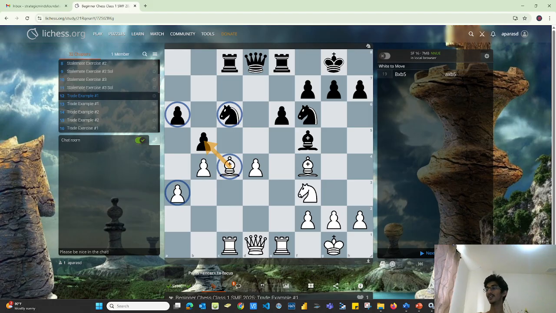And the way that I'm using it is that a trade is when you lose some pieces and they lose some pieces, and a good trade is when you both lose an equal amount of pieces or you gain pieces.